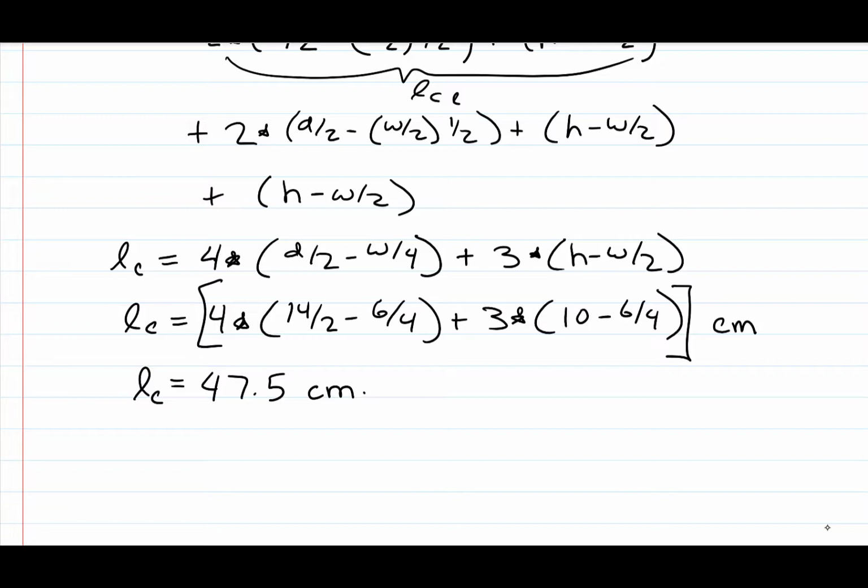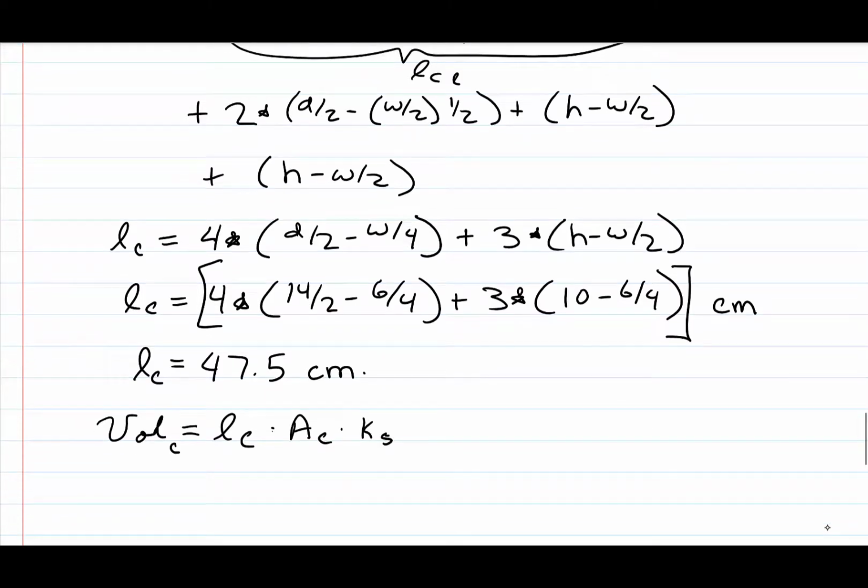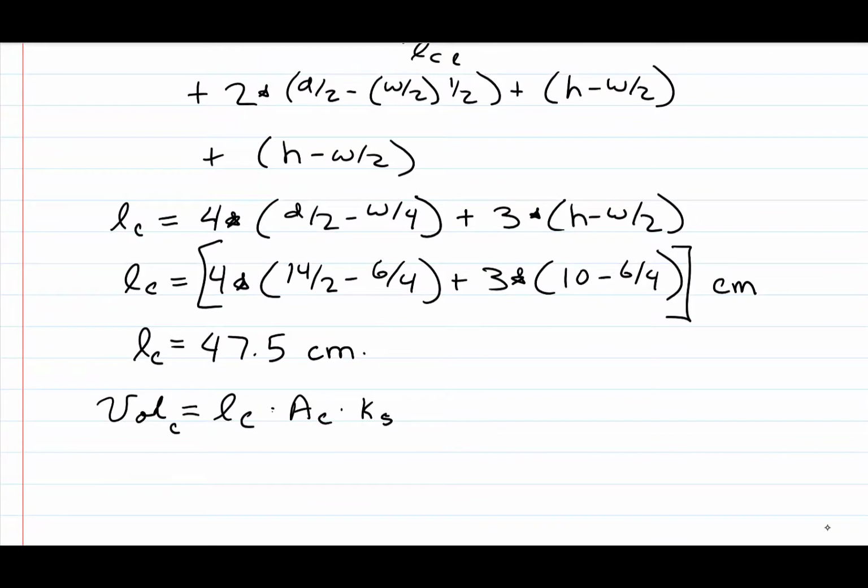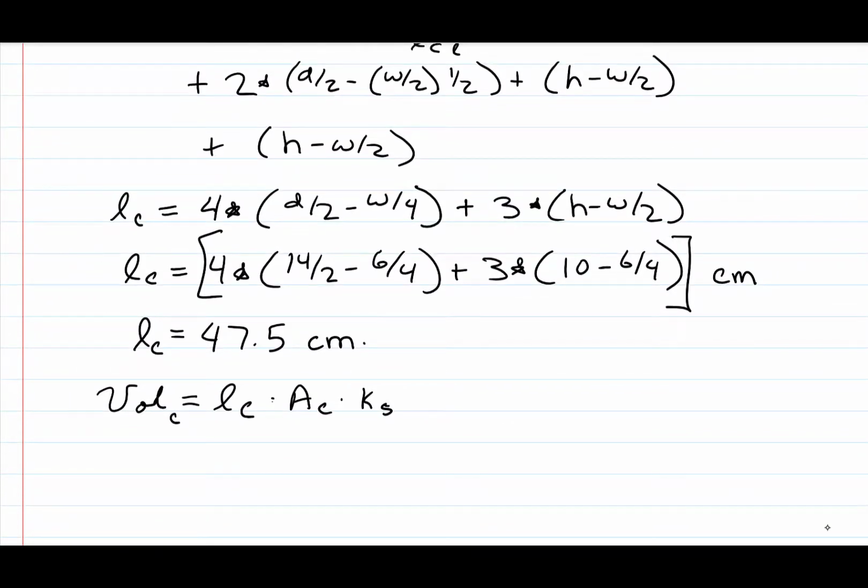Now the volume is simply the length of the core times the area of the core. Because we have laminations, it is appropriate to use the stacking factor, because effectively there is some air in that physical space for the area of the core.